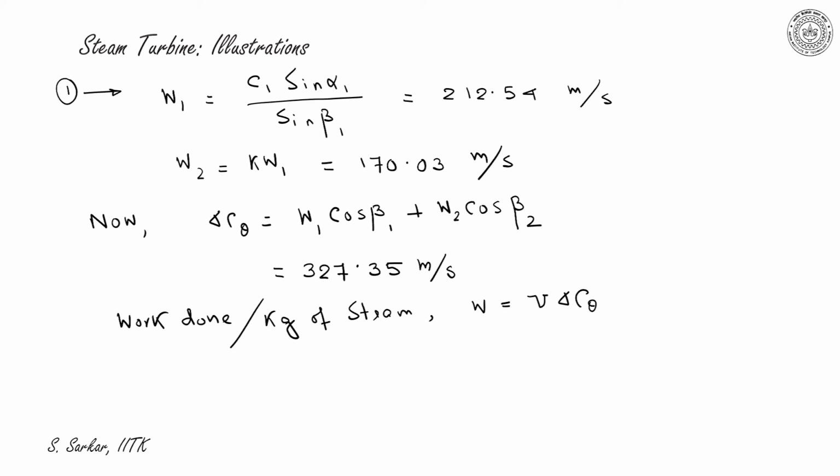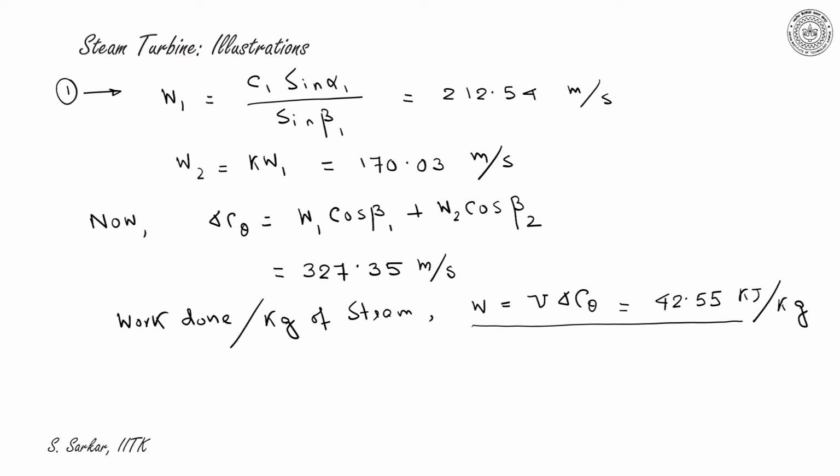I've calculated the value of del C theta as 327.35. You know the value of U as 130. If you multiply both, you will get W as 42.55 kilojoules per kg. So I got the work done per kg of steam for a stage.